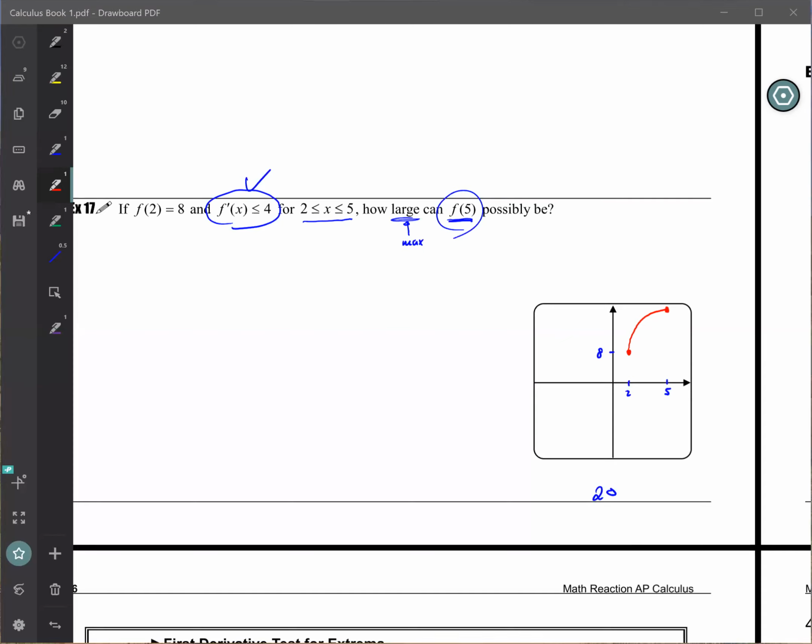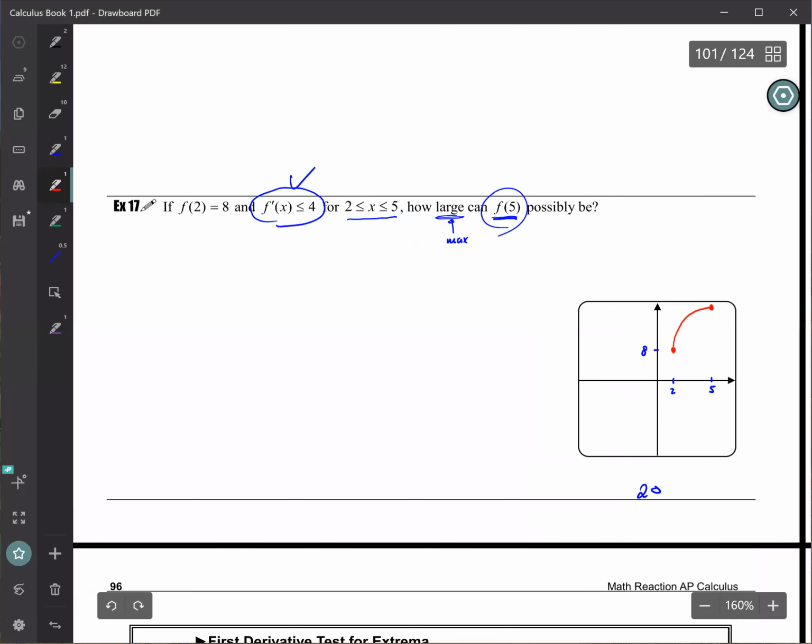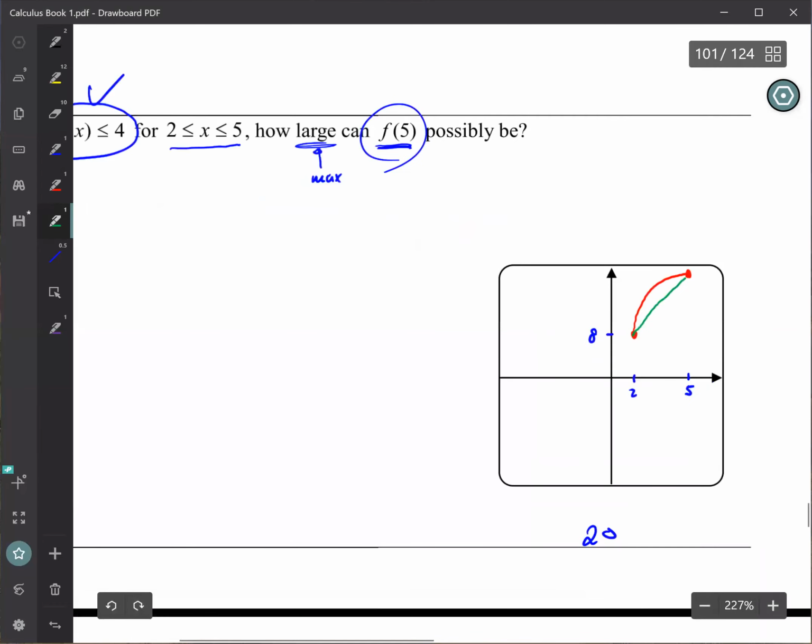Okay, let's go over it. Based on what I was saying, you want to make sure the slope of the tangent everywhere is lower than 4, right? So that means you must keep the green line lower than 4, because the green line is the guaranteed slope to appear.